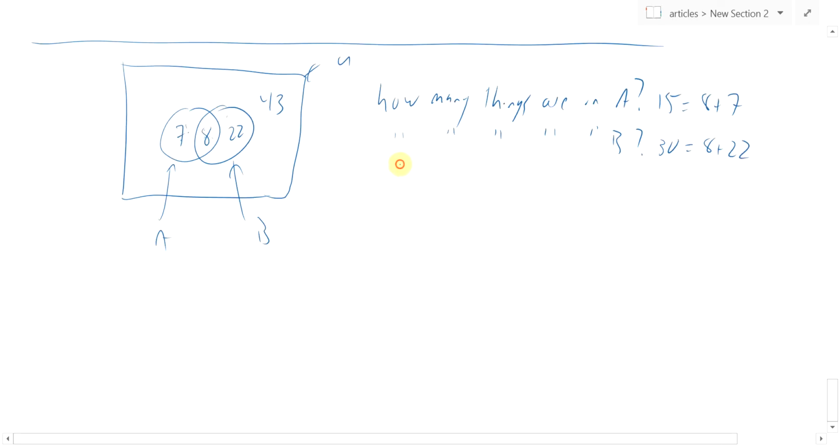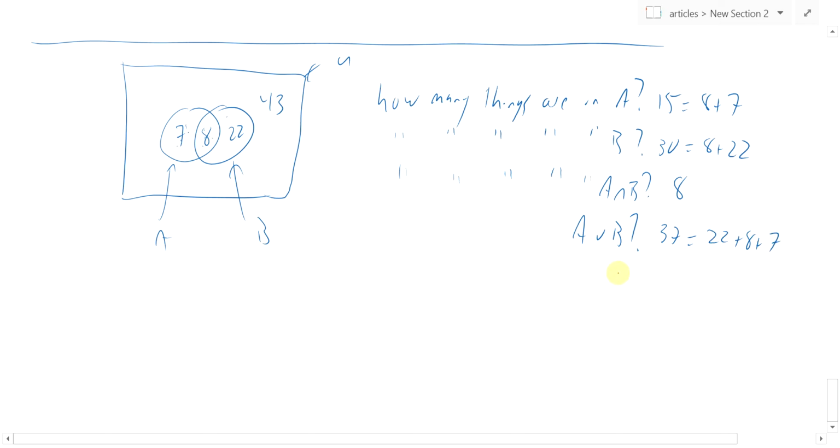How many things are in A intersection B? Well, that's everything that's in this part, because A intersection B is the overlap between the two. So just 8. How many things are in A union B? Well, A union B is this part plus this part plus this part. So it's going to be 37. 22 plus 8 plus 7.